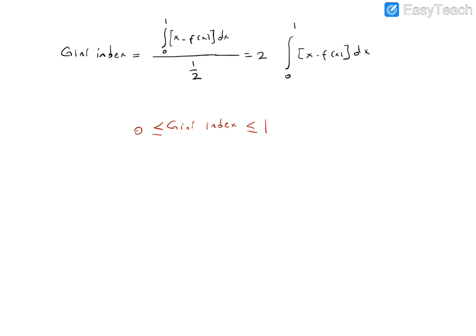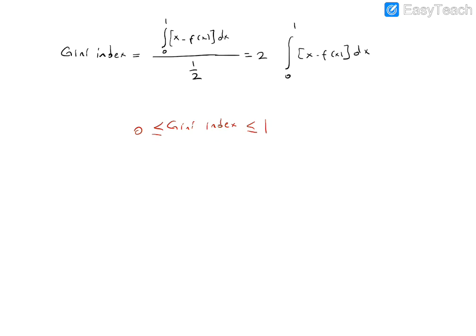When the Gini index is 1, it means there is absolute inequality. One family has all the income, okay? The rest of the families have nothing. So these are very exceptional situations, 0 and 1 cases of the Gini index. So generally it is between 0 and 1.